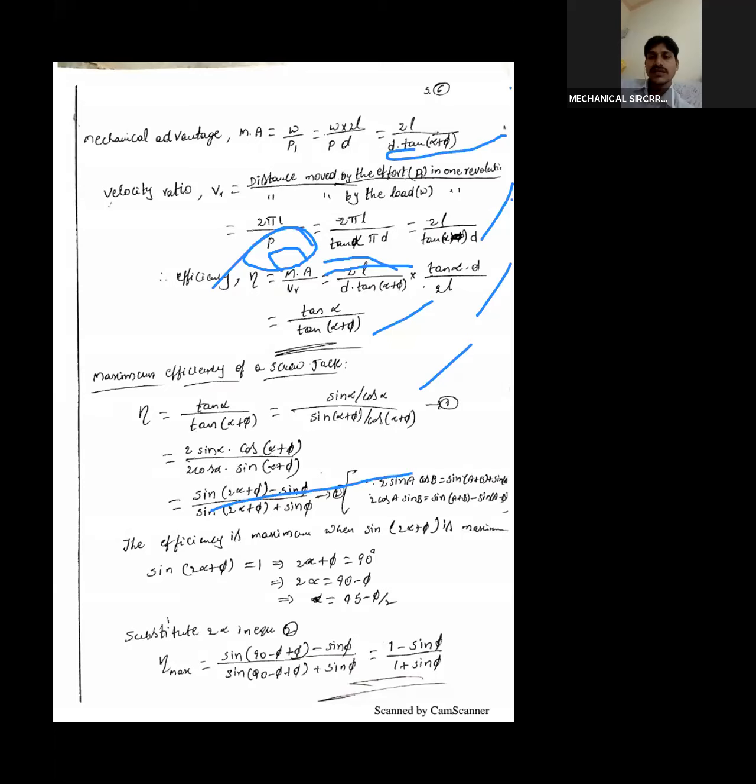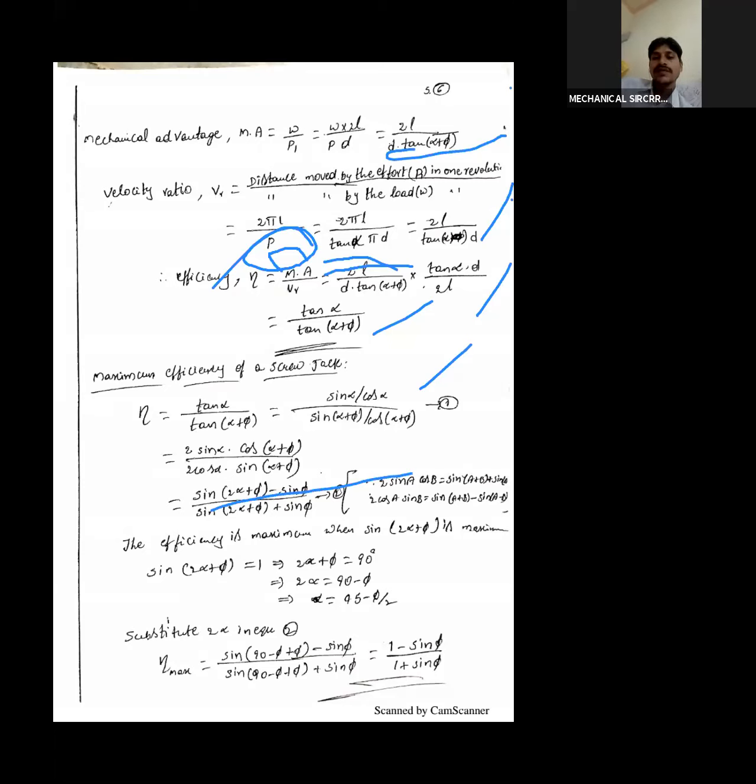And for 2 cos a sin b, the formula is sin a plus b minus sin a minus b. When you substitute both formulas here, we get sin of 2 alpha plus pi minus sin pi, by sin of 2 alpha plus pi plus sin pi.